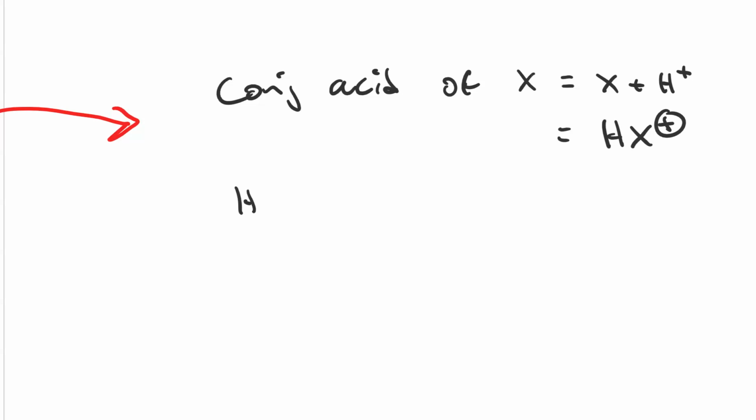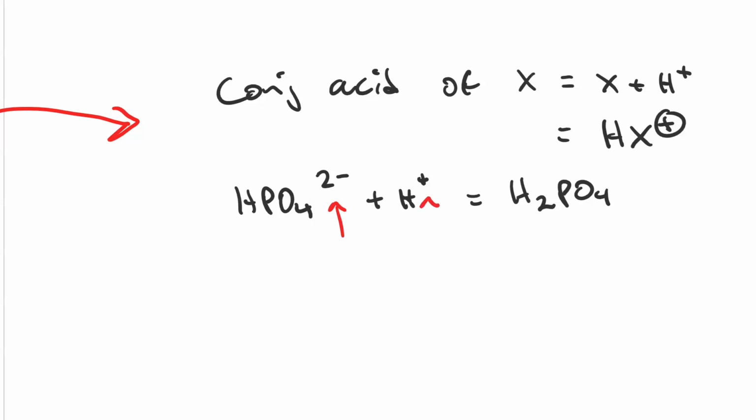Now we have HPO4 2 minus. We add a proton to it, and we get H2PO4, and the charge is -2 plus 1, which equals -1, so H2PO4 minus.